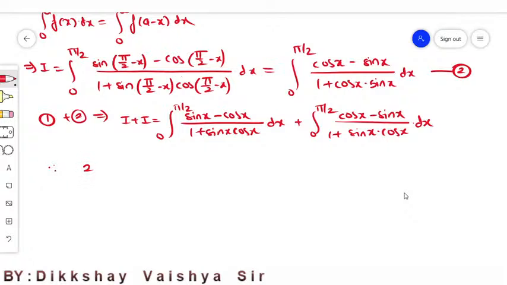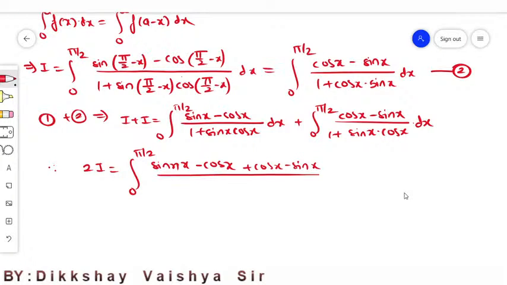Therefore I plus I, 2I, is integral 0 to pi by 2 of (sin x minus cos x plus cos x minus sin x) with the common denominator 1 plus sin x into cos x dx, which will be equivalent to integral 0 to pi by 2 of 0 dx, and it will be 0, so therefore I equals 0.